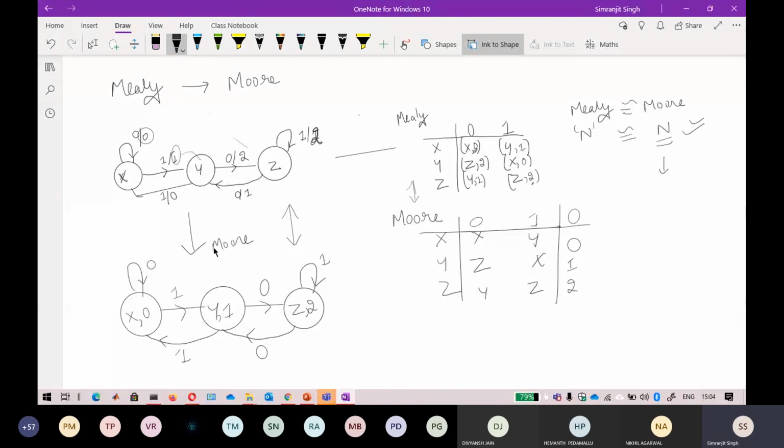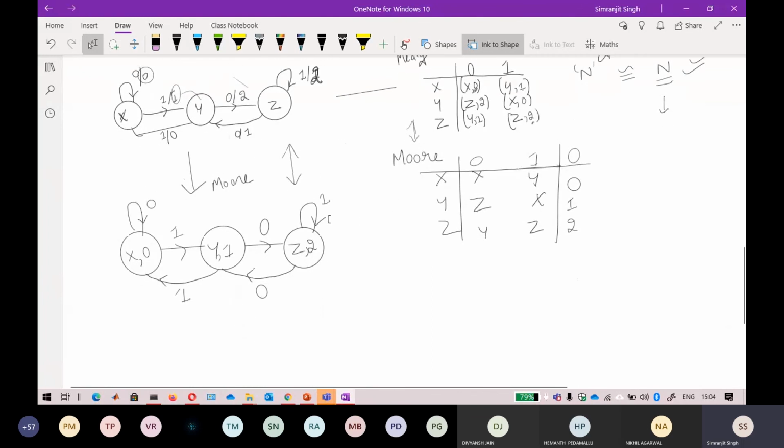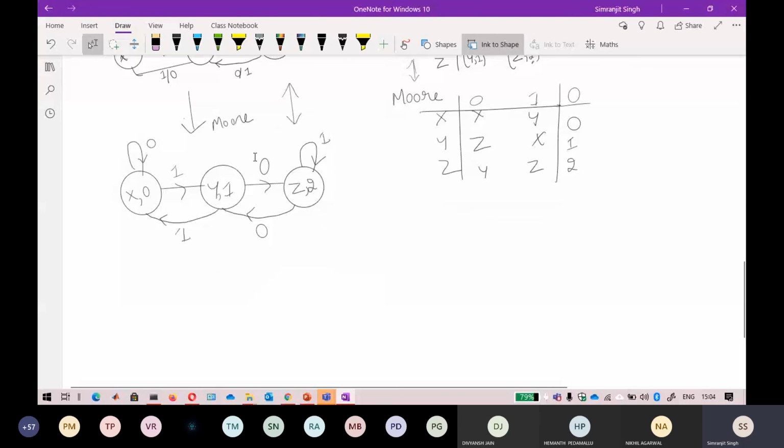Now in this particular case, you see that the number of states do not change here, but there is another possibility in this Mealy machine, because the 0 and 1 are coming towards a state and the output is placed alongside the input. So in that case, these scenarios can also occur.